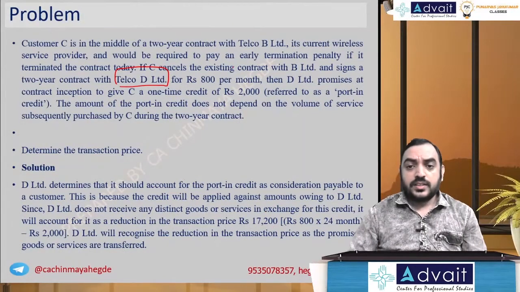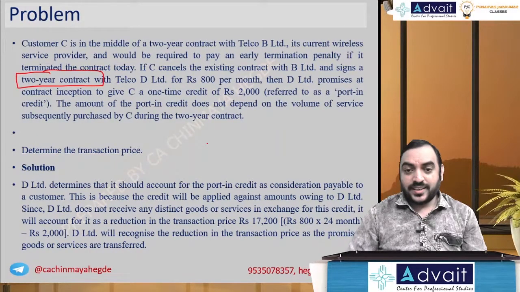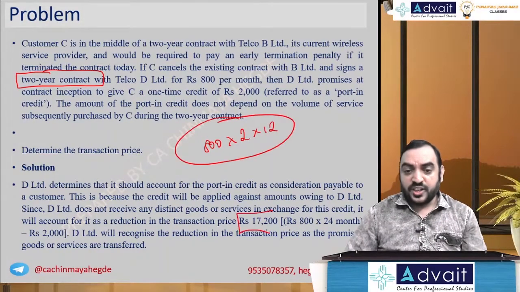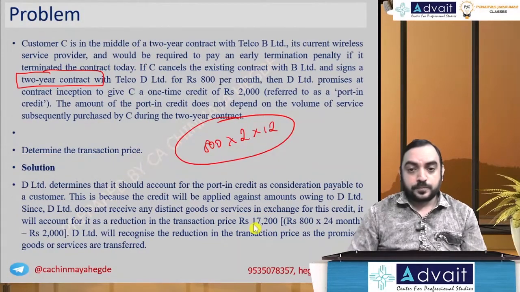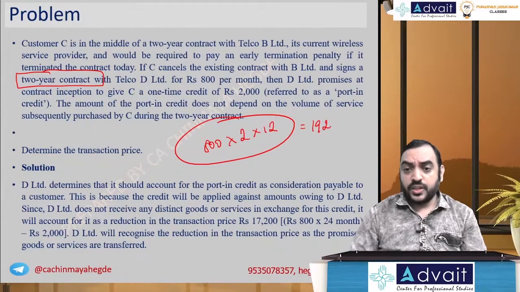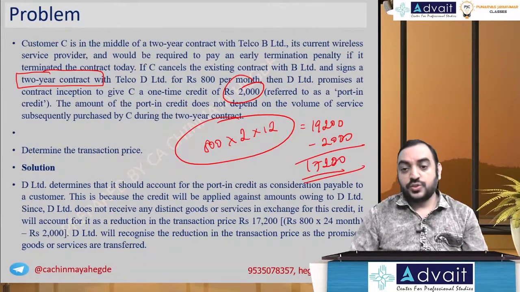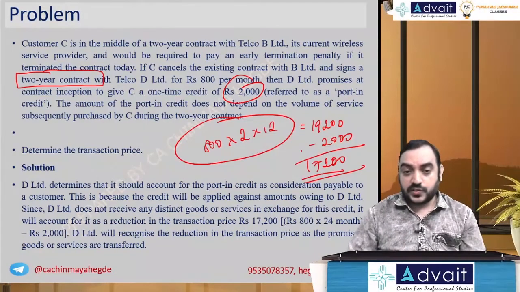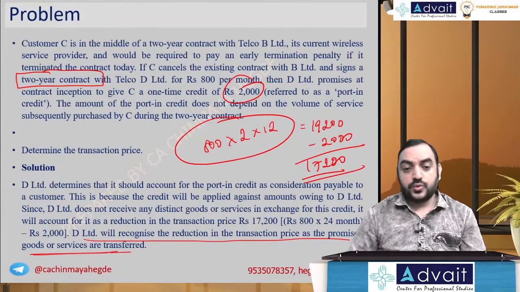So how much will it be? This is for how many months? 800 per month for a 2-year contract. So 800 per month into 2 years, 12 months per year, 24 months. 800 into 2 into 12 is 19,200, the revenue, and from 19,200, this 2,000 you subtract. So the actual revenue to be recognized is only 17,200 over a period of 2 years. D Limited will recognize a reduction in the transaction price as promised goods are transferred.